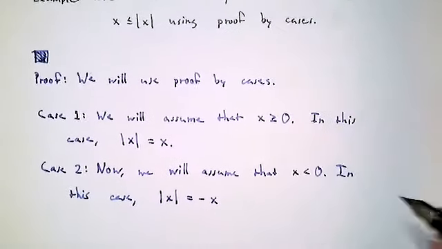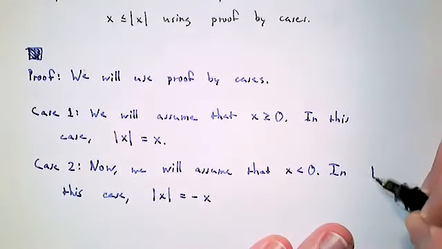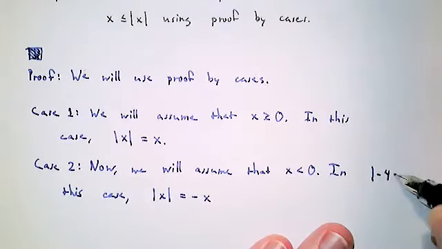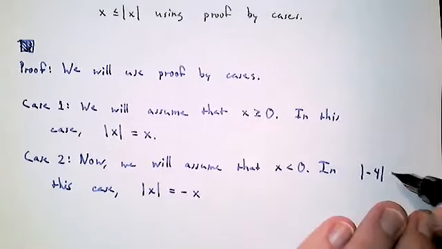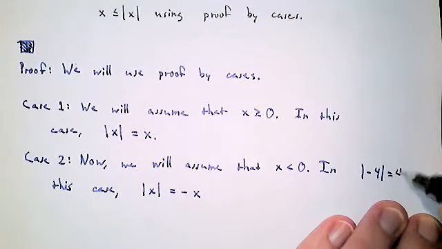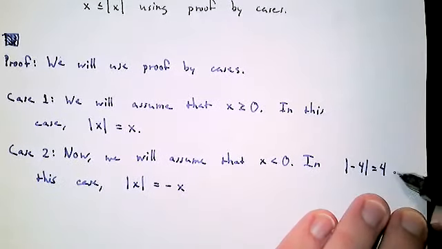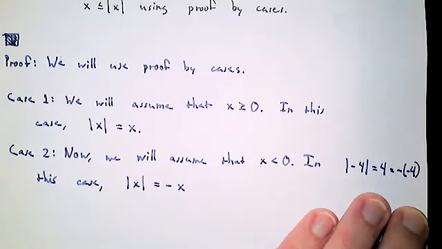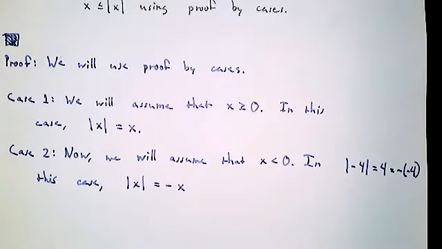So just to illustrate this, if you were taking the absolute value of -4, then we know the absolute value is 4. But this is also negative -4. The two minus signs cancel each other.